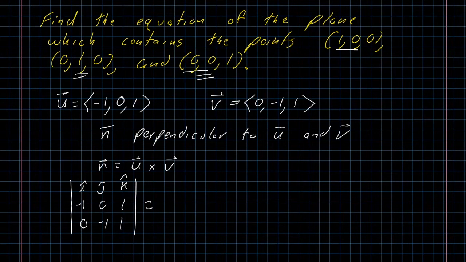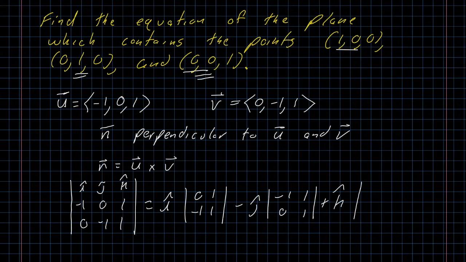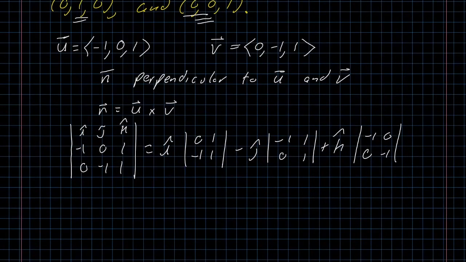And I break that down into the cofactors. i hat times the 2 by 2 matrix, if I remove that first row and column, 0, 1, negative 1, 1, minus j hat times negative 1, 1, 0, 1, plus k hat times negative 1, 0, 0, negative 1. And multiplying this out, I'm going to end up with 0 minus negative 1, which is 1 i hat.